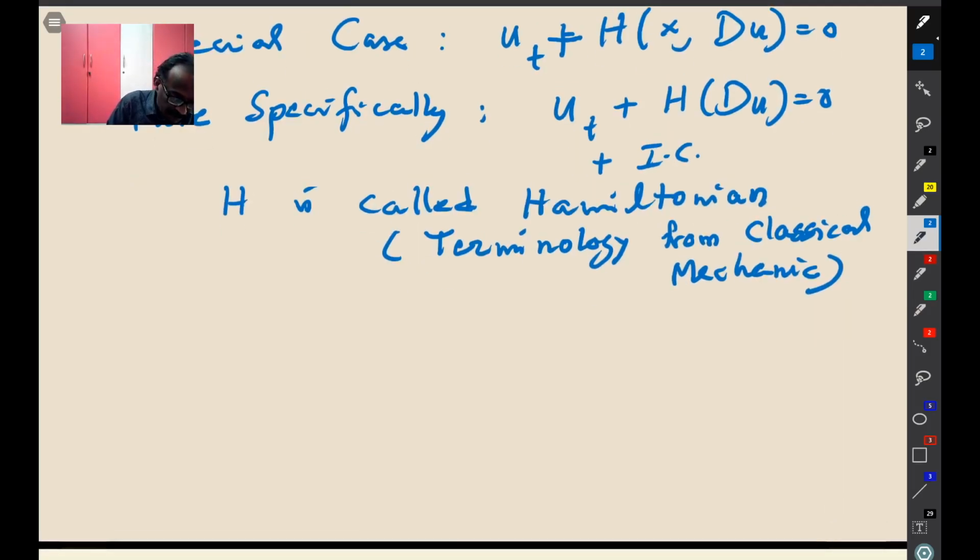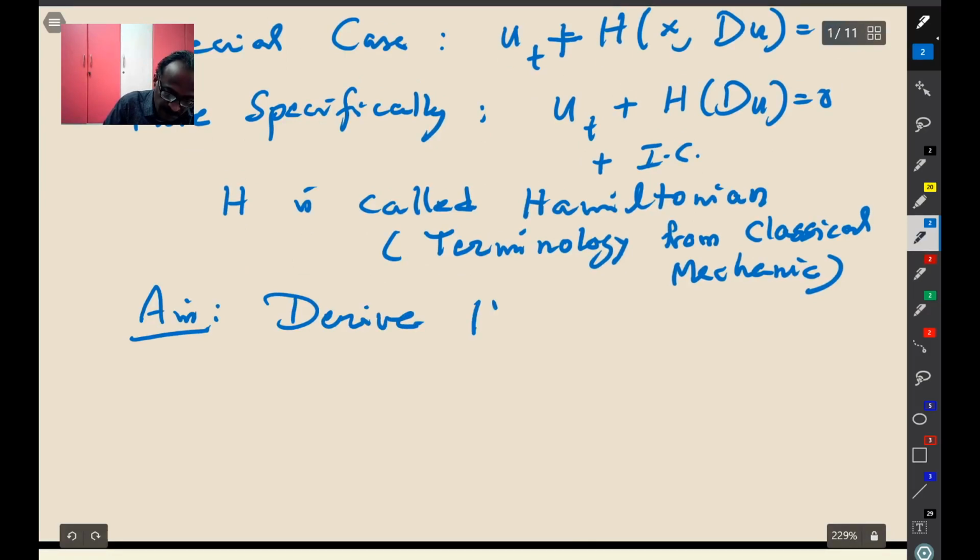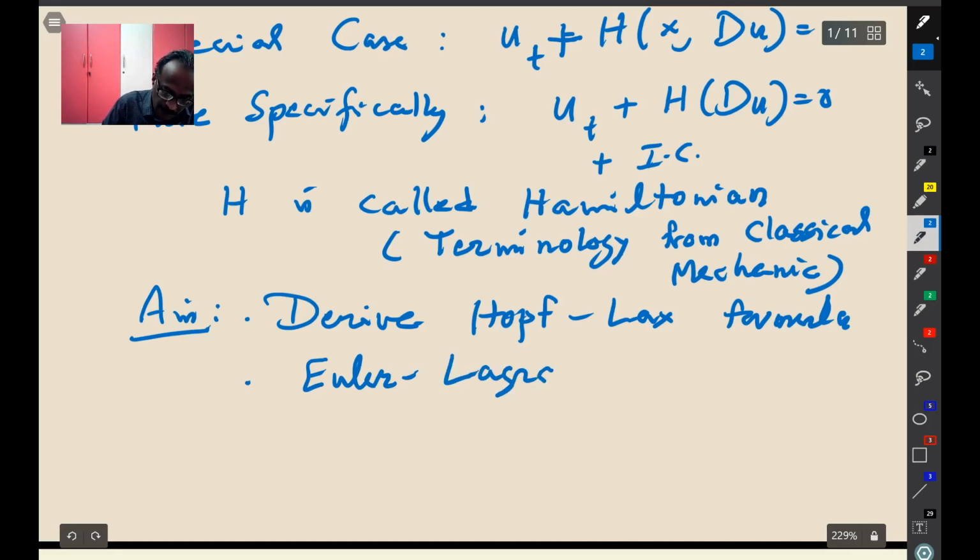Our main aim, as I said, is to derive Hopf-Lax formula, which we will do in the next class, and then we will also want to study Euler-Lagrange equations. Euler-Lagrange is called EL equations.